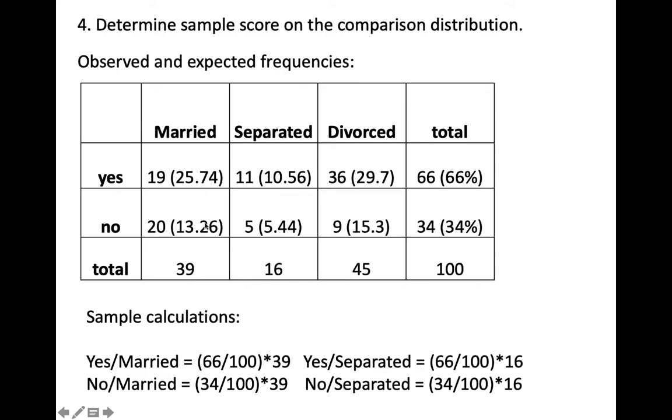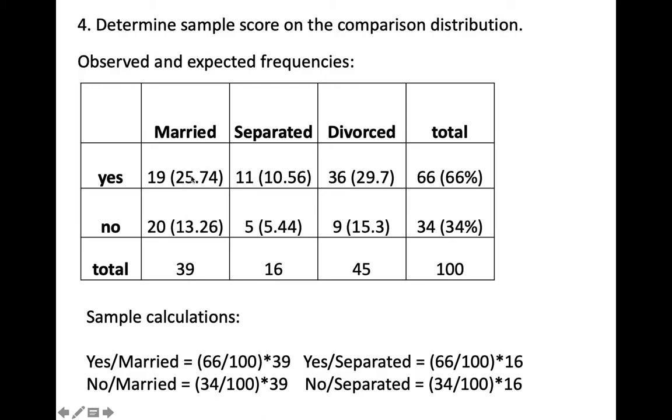What we want to figure out is, look, 66% of people have kids and 34% of these couples don't have kids. So we want to know what that breakdown is among the 39 couples that stayed married. Essentially, we're asking, what is 66% of 39?